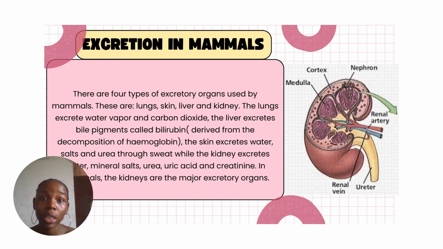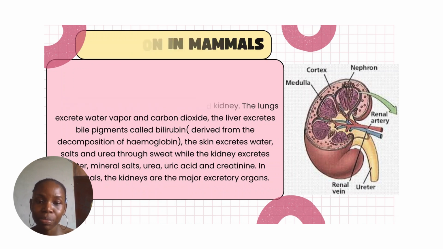Then the skin excretes water, salts and urea through sweat. Then the kidney helps to excrete water, mineral salts, urea, uric acid, creatinine, and the likes. But in all, the kidney is the major excretory organ in man.